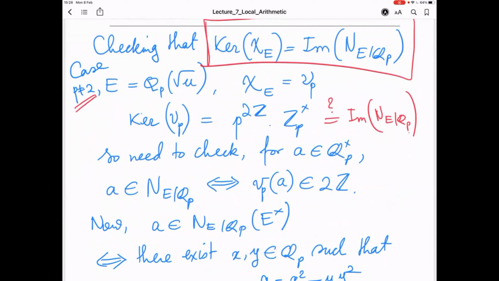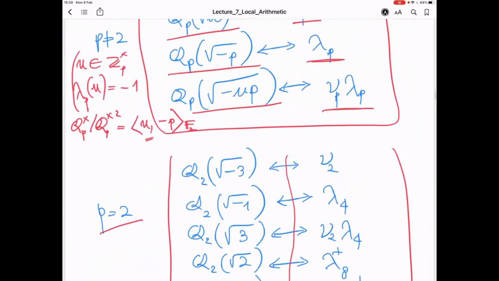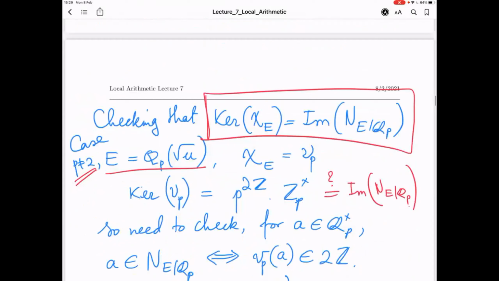Let's first consider the case where the prime p is odd and E is this quadratic extension Q_p(√u), where u is of course an element like this, and I'd made this quadratic extension correspond to the quadratic character ν_p. So the quadratic character which corresponds to this extension is ν_p.